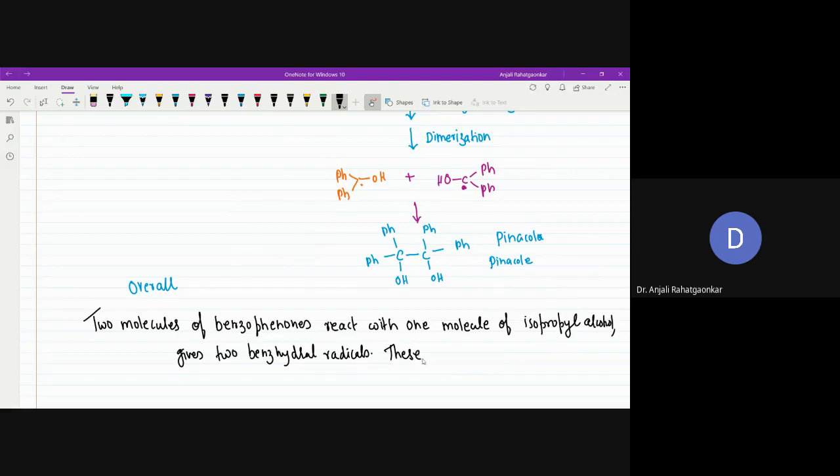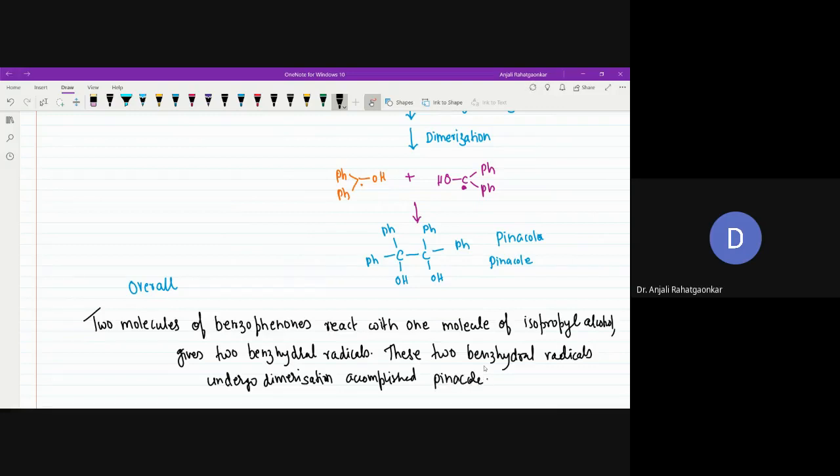So these two benzhydryl radicals undergo dimerization and give pinacol.